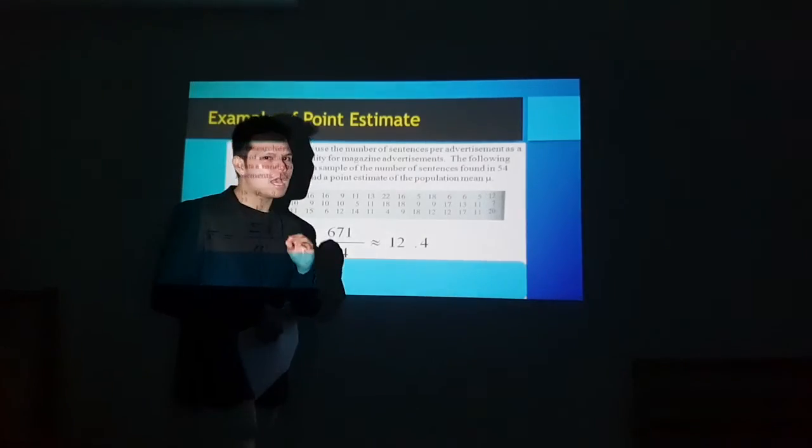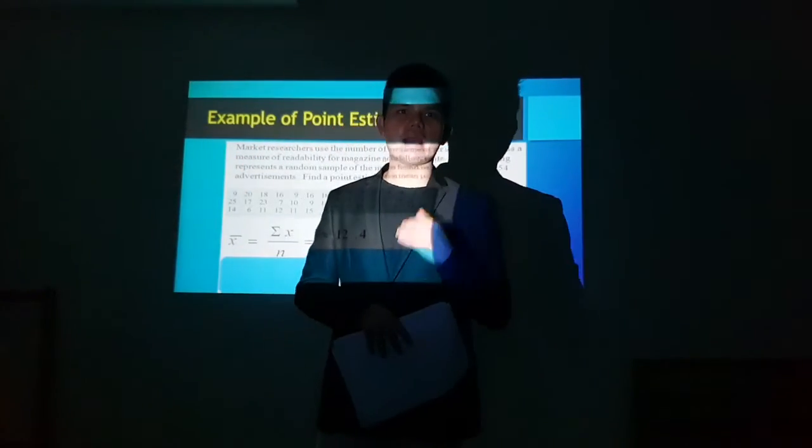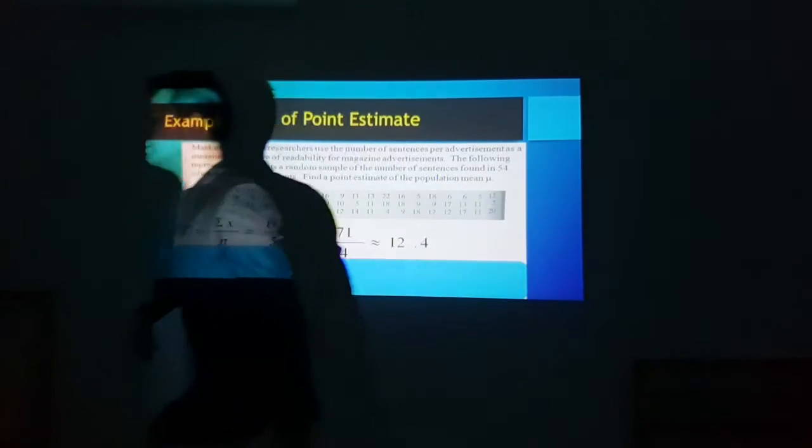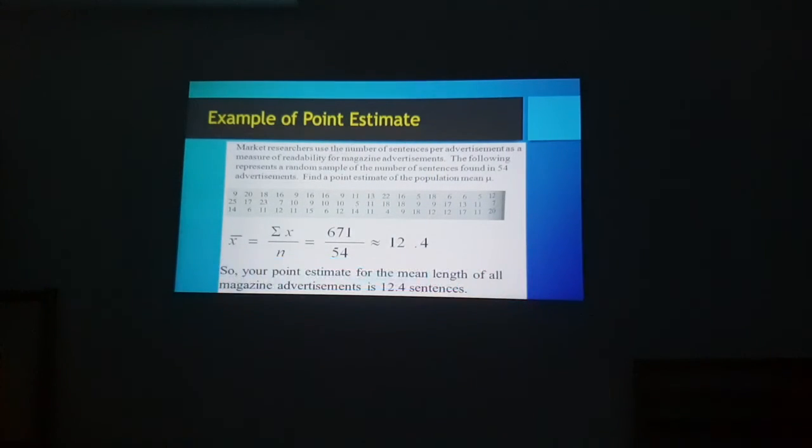Estimate, because it doesn't give you an exact value, but an estimate of the population mean. So your point estimate for the mean length of all magazine advertisements is 12.4 sentences.